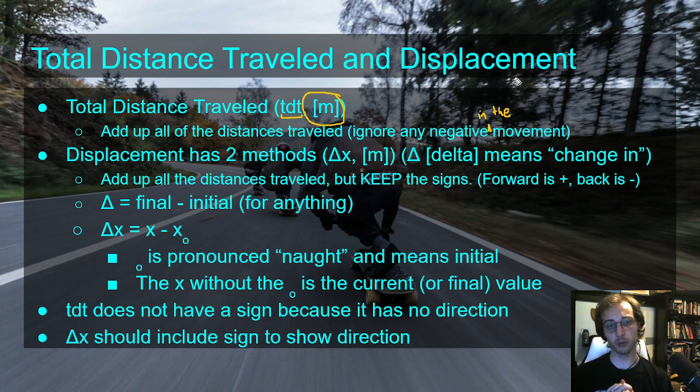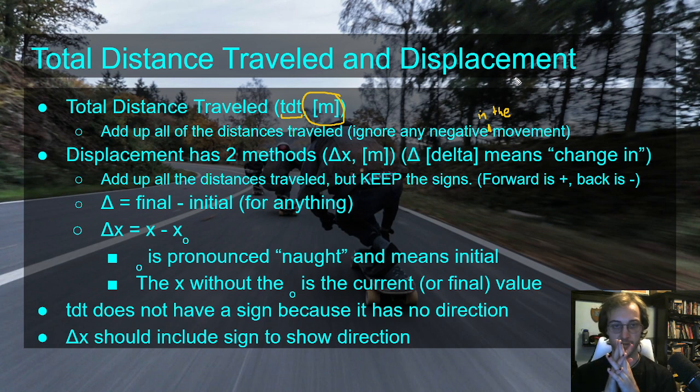There's two main methods of doing it. In either case, its symbol is delta x. X represents position, for now. When we get to two dimensions, x represents movement in one dimension and y represents the other dimension.